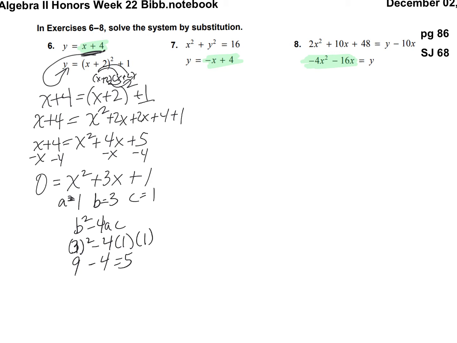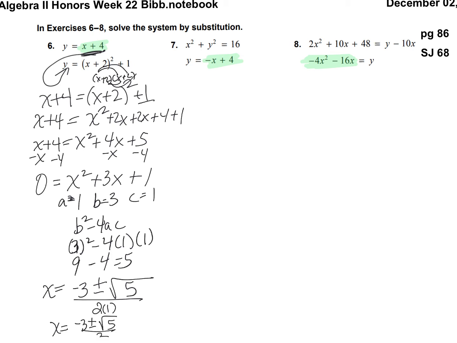Since I'm halfway there with the quadratic formula, I'm going to go ahead and put x equals negative b plus or minus the square root of, I already have b squared minus 4ac, all over 2 times a. Then do that multiplication, so my solutions are negative 3 plus or minus the square root of 5 over 2.